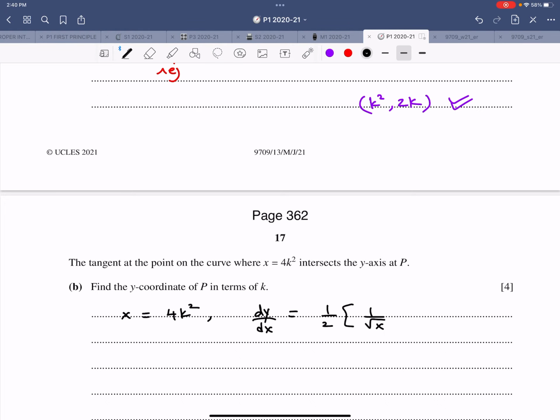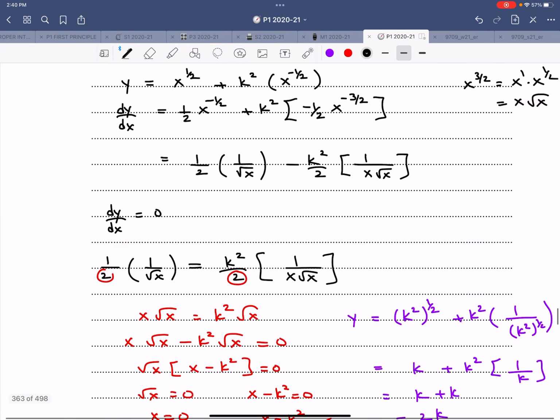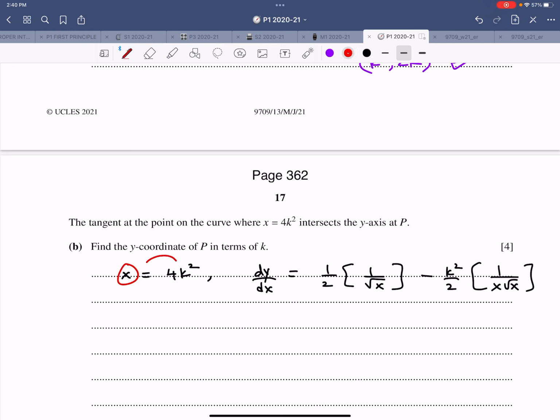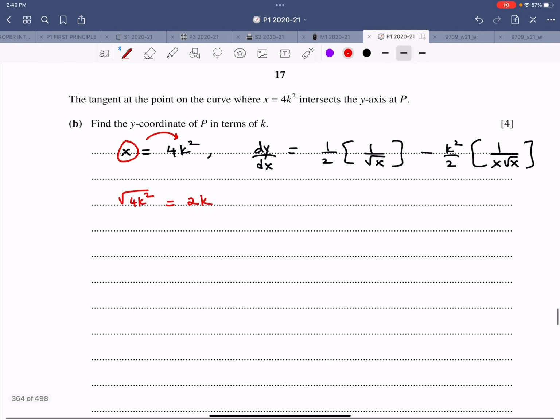And then it's minus k square over 2, 1 over x root x. But now what is x equal to? What is root of 4k square equal to? This is 2k. Keep that in mind. So 2k goes over here, 2k goes over here.